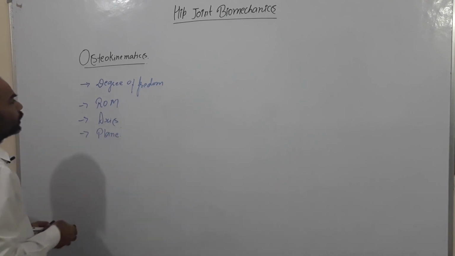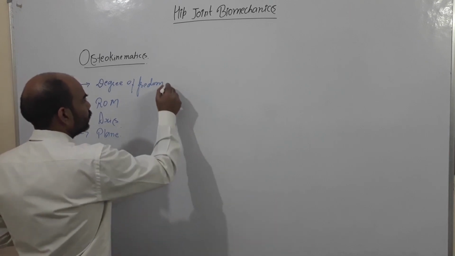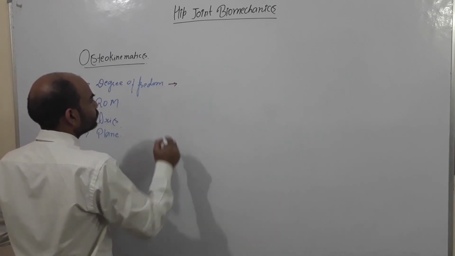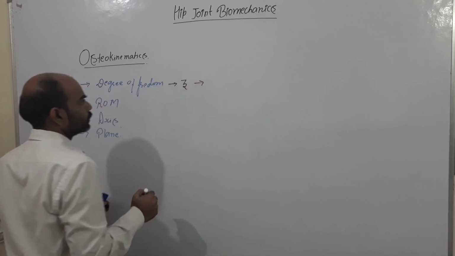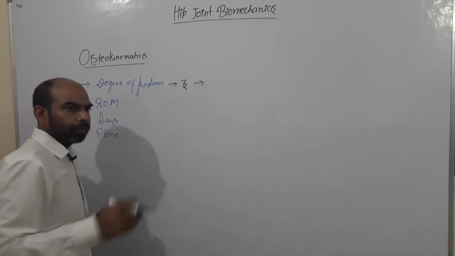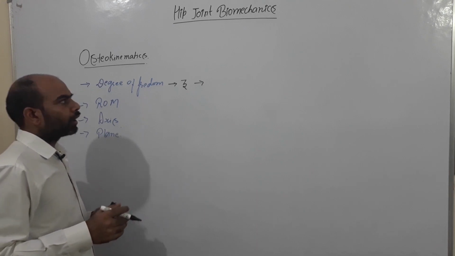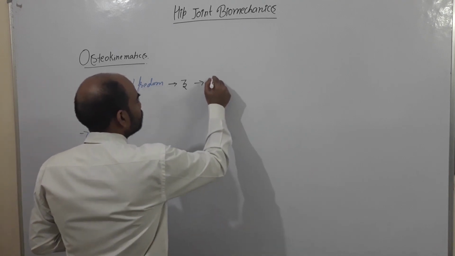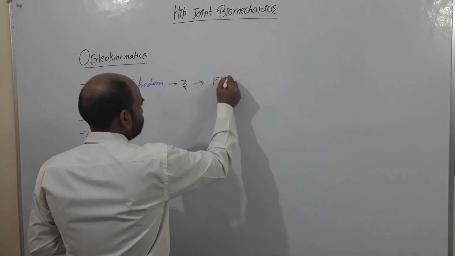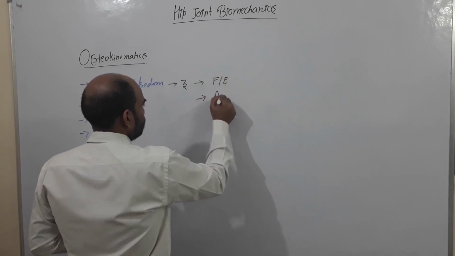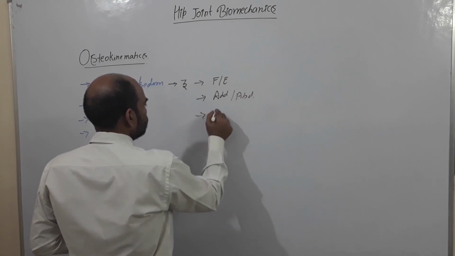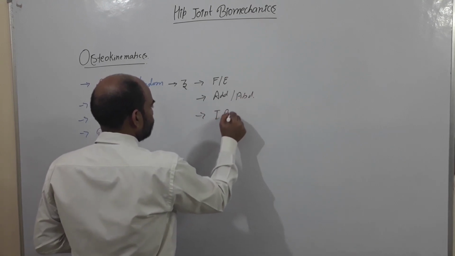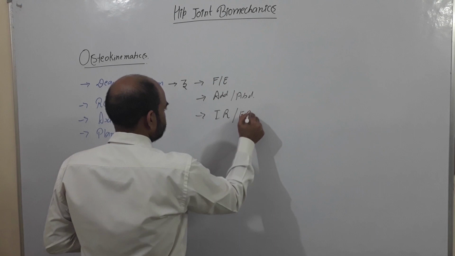In hip joint, we have 3 degrees of freedom, movement in frontal plane, sagittal plane and transverse plane. Means flexion extension, adduction abduction and rotation, internal rotation and external rotation.